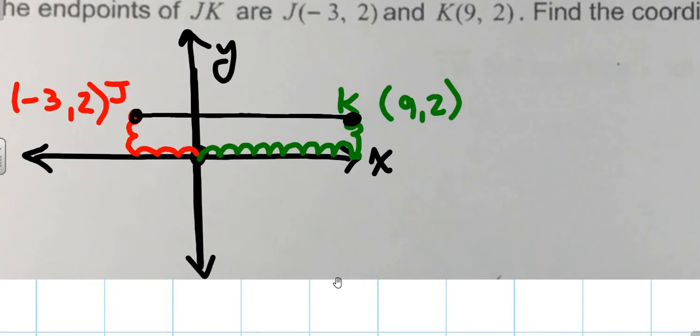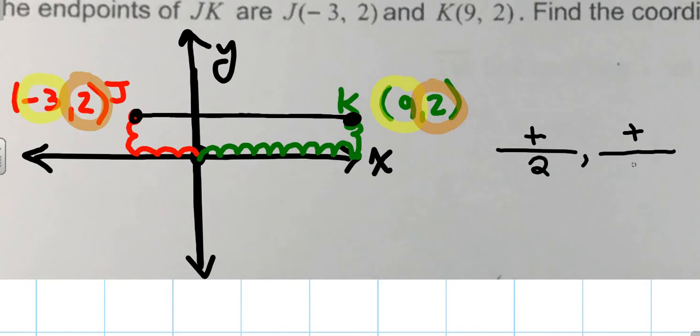To find the middle between any 2 points, all you do is you average the x-coordinates, and then you average the y-coordinates. Let me show you what I mean by average. So we come over here, make a plus sign over 2, like this.